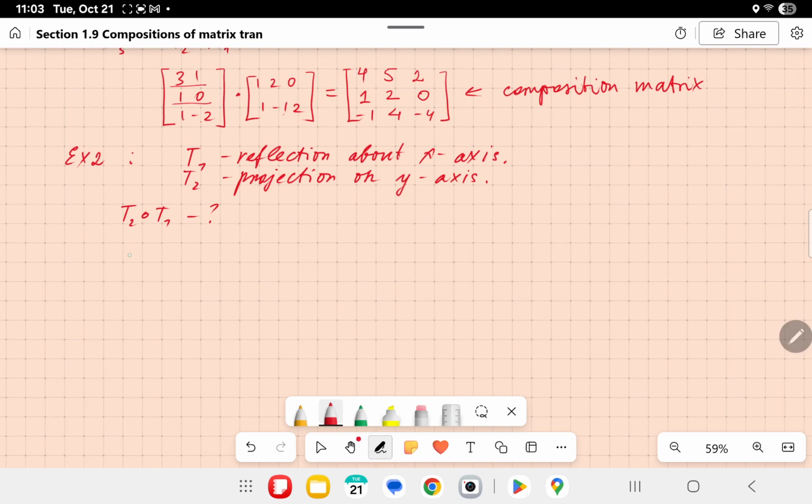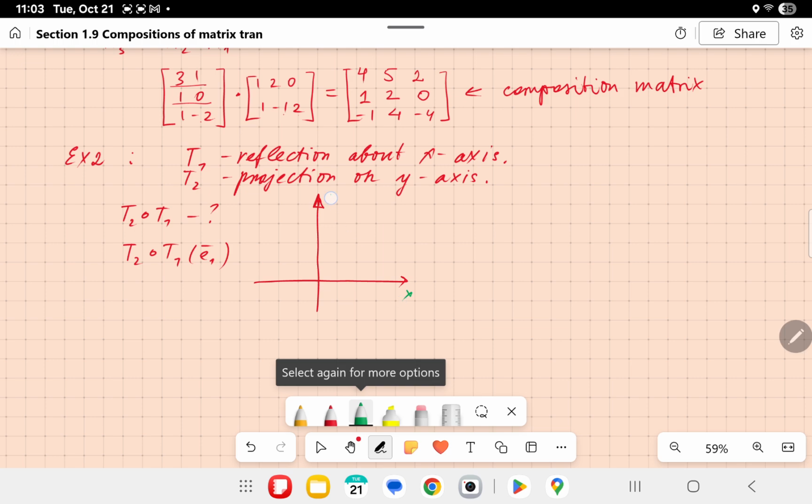So what I'm going to do, I'm going to apply T1 to E1. And of course, I'm going to draw the picture and see how the picture is going to be affected. So that's my x-axis, that's my y-axis, and that's my first vector, E1, right? So start with reflection about the x-axis. Well, reflection about the x-axis does nothing to this one, right?